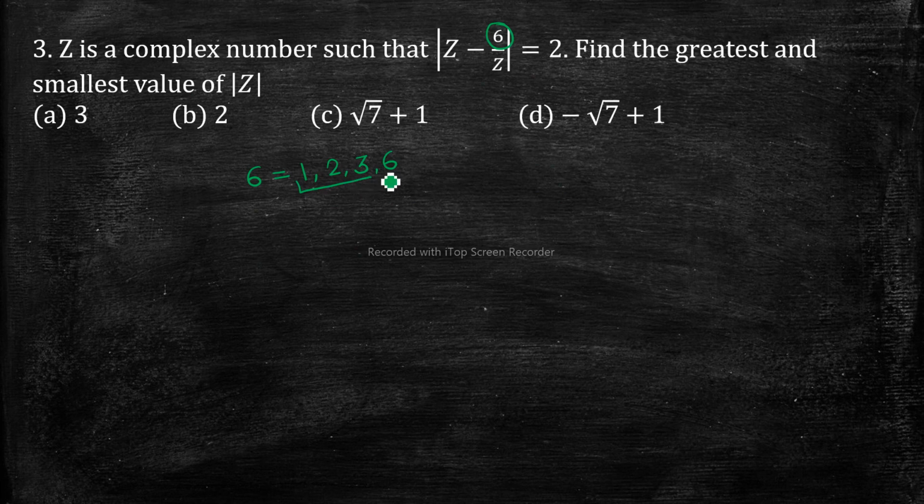Now from all these factors you have to choose any two, and by subtraction get the result 2. Are you getting 2? I am not getting it. If you get it, you can comment. By subtraction we are not getting the result 2. That means we cannot apply that method, because this condition is not satisfied.